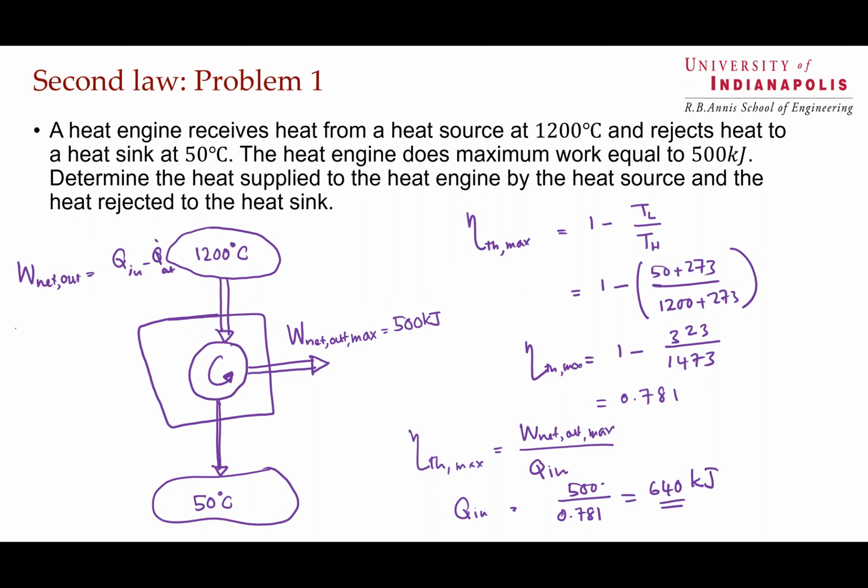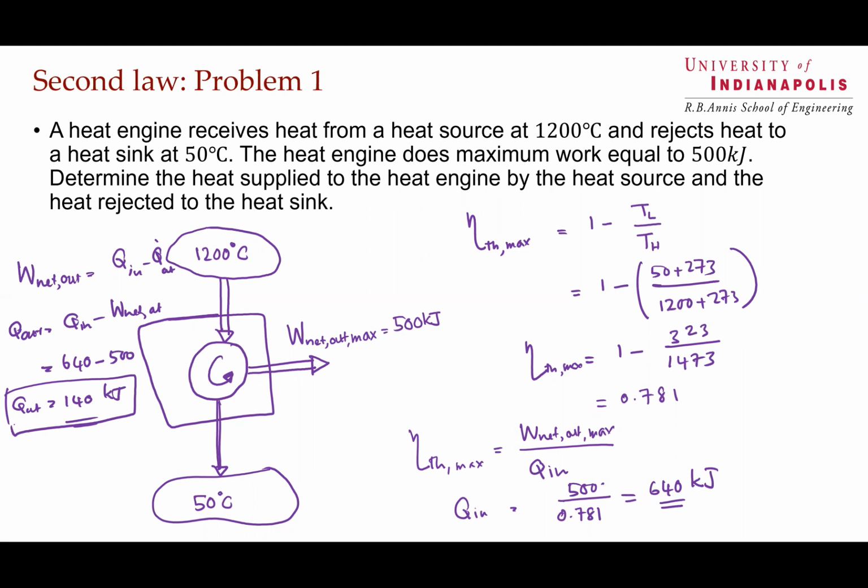So Q out is Q in minus W net out. Q in is 640 minus 500. This is 140 kilojoules of heat out. That's how you get the solution for that.